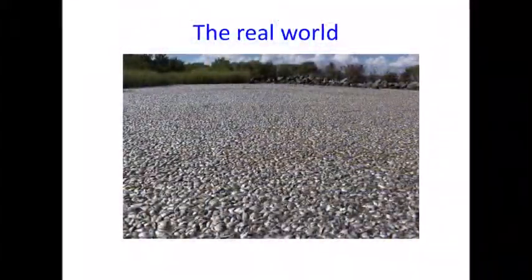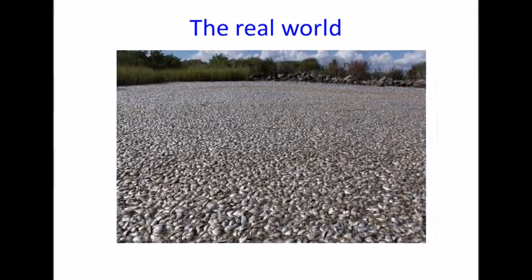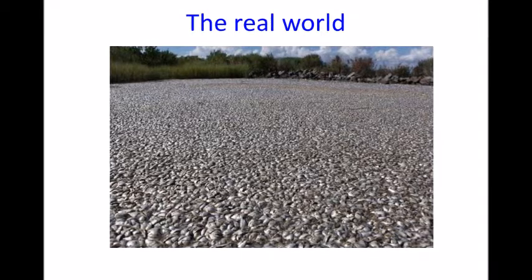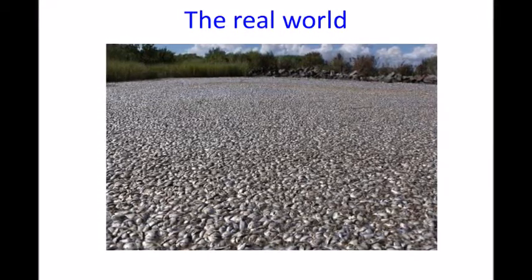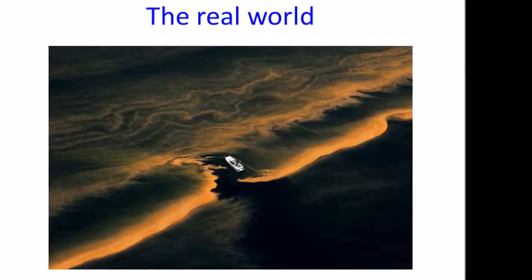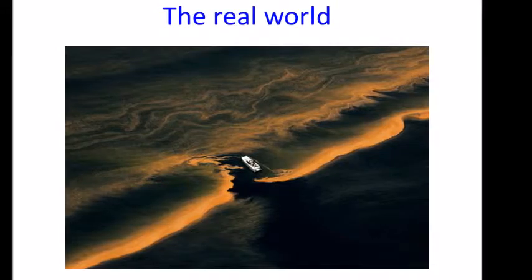Now if we look at the real world, this is a really nasty picture taken somewhere in America, some spill of something, and it killed a lot of fish. Another picture was taken at the sinking of Deepwater Horizon in the Gulf of Mexico.